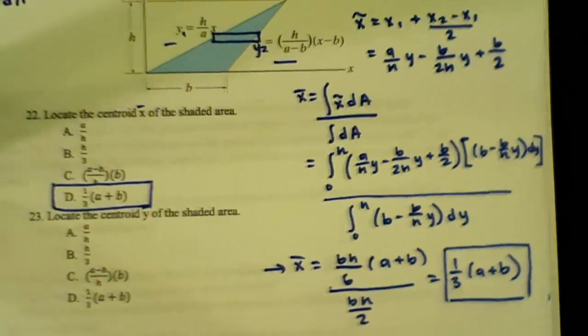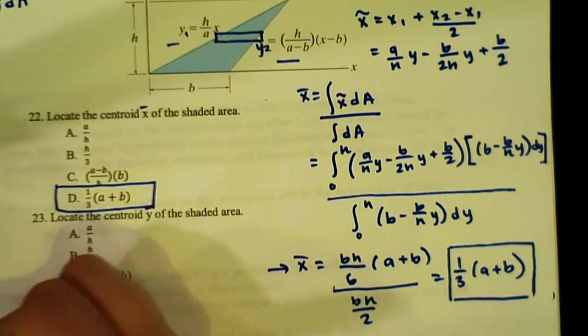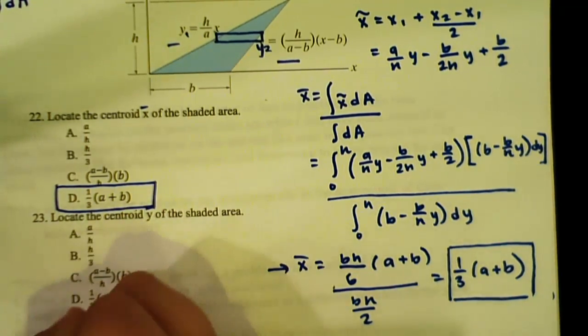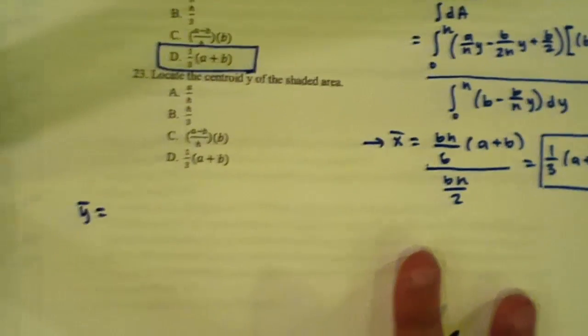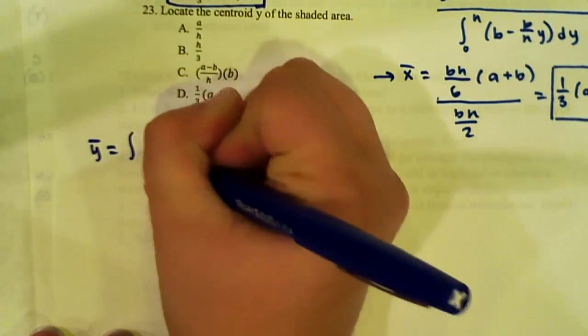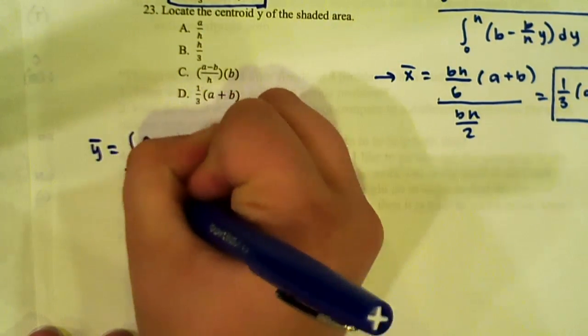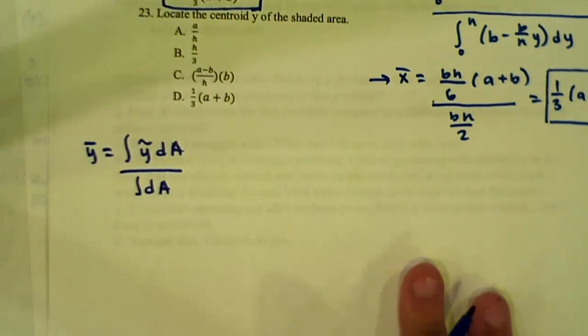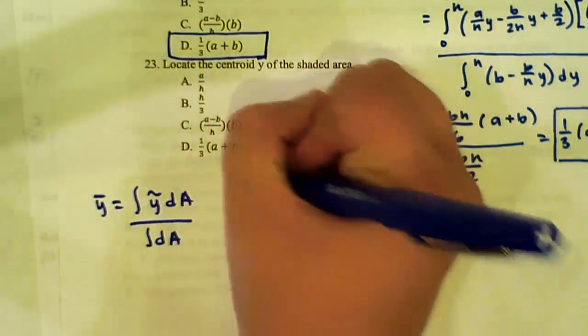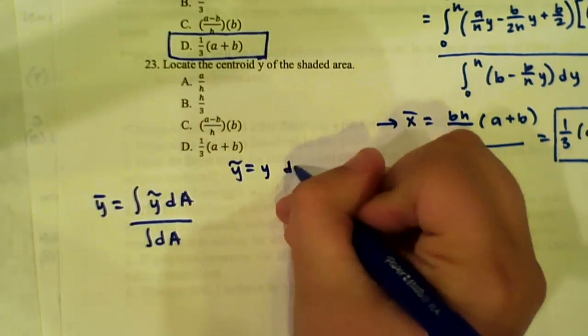Okay. So now for 23, we have y bar, and again, just rewriting our equation down here. So the integral of y tilde dA divided by the integral of dA. In this case, our y tilde is just y, and our dA is the same thing as above.